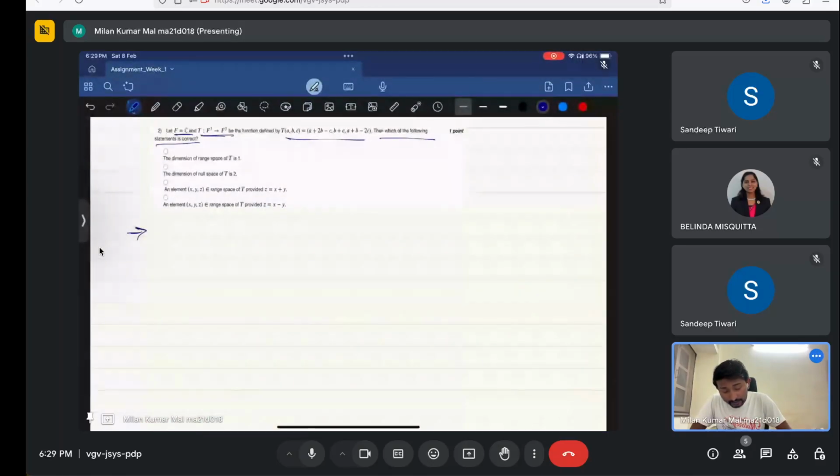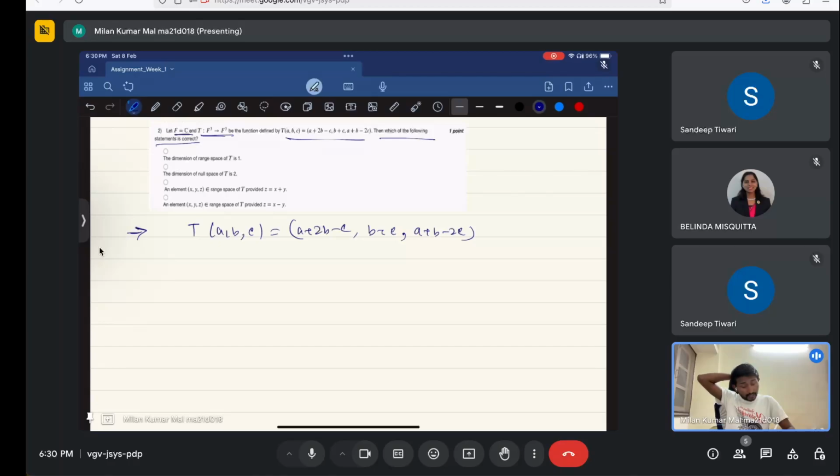Let T(a,b,c) equal (a plus 2b minus c, b plus c, a plus b minus 2c). Now it is asked the dimension of the range space, the dimension of the null space, and the nature of the elements in the range space. So we'll try to give the answer in a single stroke.